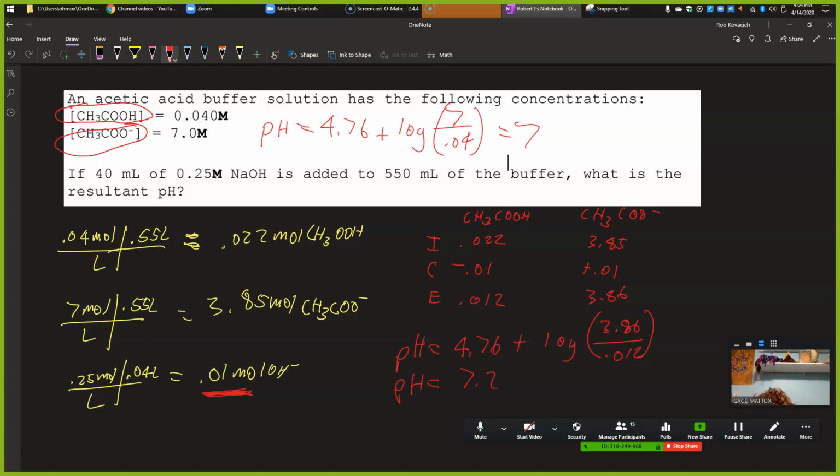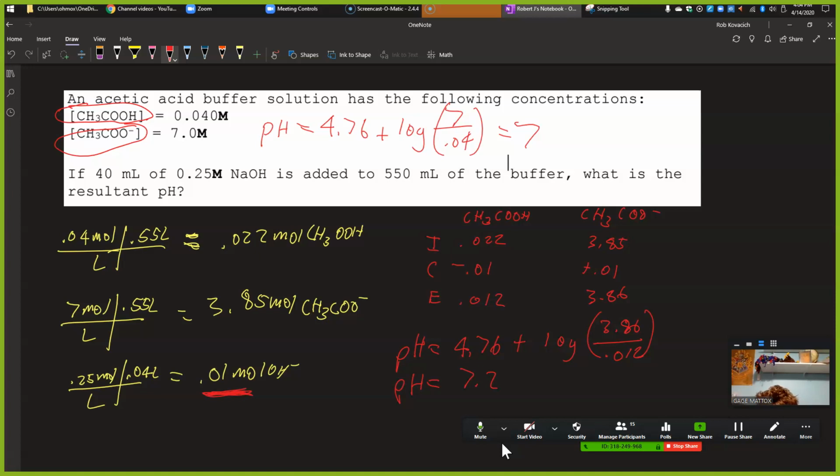7.2. So it barely changes. It changed, but it didn't change a lot. How much did it change when we added it to 550 milliliters of pure water? By 0.2.